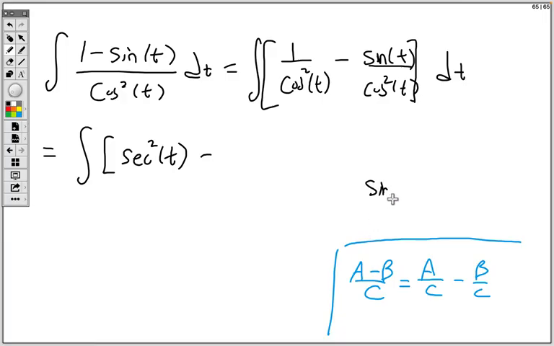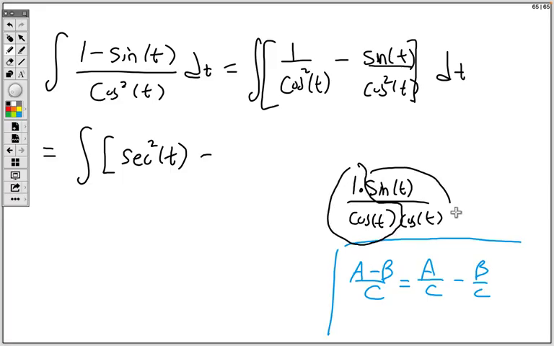I could write that as sine of t over cosine t times cosine t. I could write that as 1 over cosine of t times sine of t over cosine of t, aka secant of t times tangent of t.